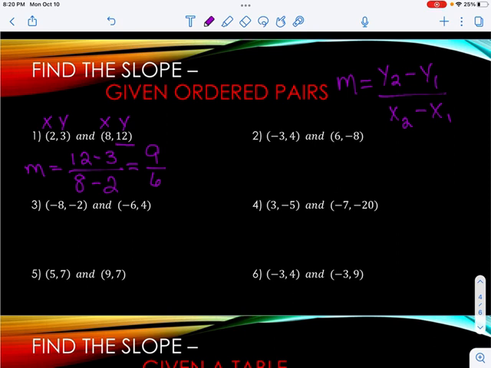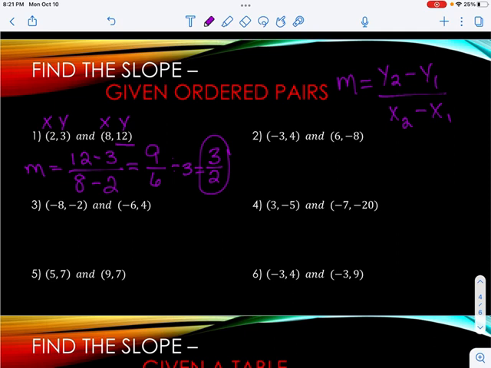Now I notice that 9 over 6 can be simplified. So I'm going to divide them both by 3. So 9 divided by 3 is 3. 6 divided by 3 is 2. And that would be my slope. Do not change that to a decimal, and do not change that to a mixed number. You're going to leave it as an improper fraction if that's what happens.